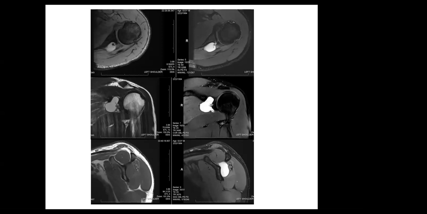I think this is a large cystic structure causing compression on the nerve at the spinoglenoid notch and causing a high signal intensity in the innervating muscle. Sorry, infraspinatus muscle. Yes, infraspinatus muscle denervation.